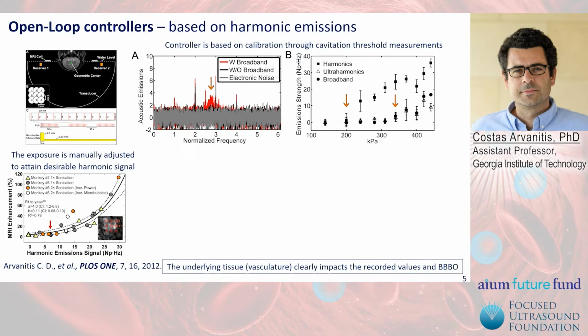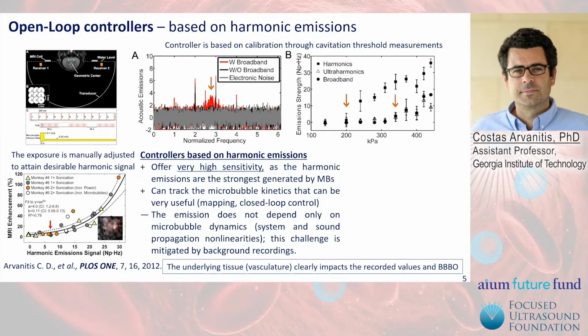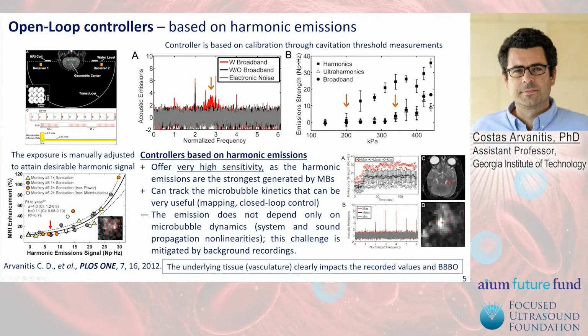And an observation is that the underlying vasculature clearly impacts both emissions and the observations should be taken into consideration. Overall, controllers based on harmonic emissions offer very high sensitivity as the harmonic emissions are the strongest generated by the microbubbles. They allow to track the microbubble kinetics that can be useful both for mapping and closed loop control. However, the emission does not depend only on microbubble dynamics.